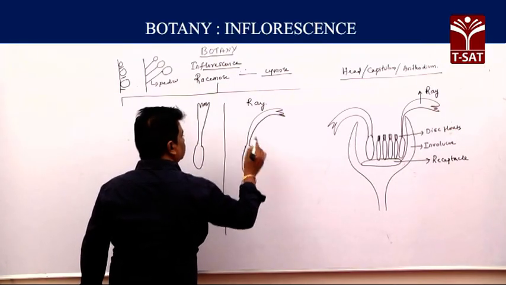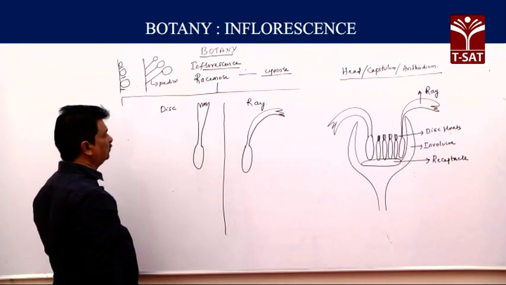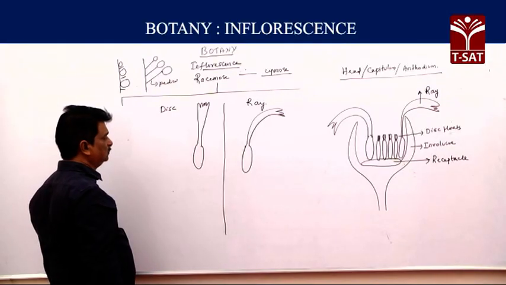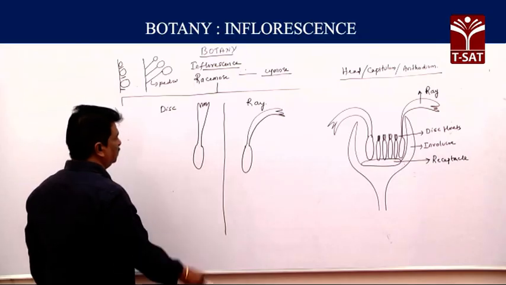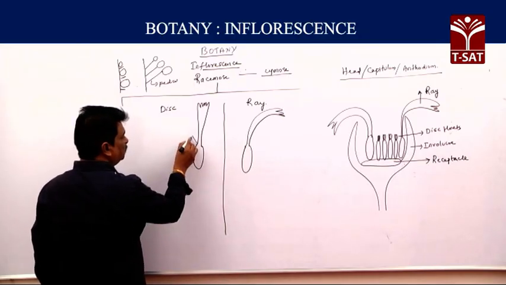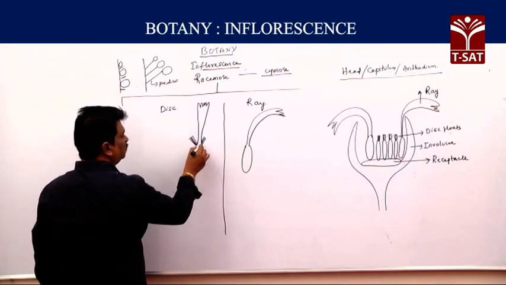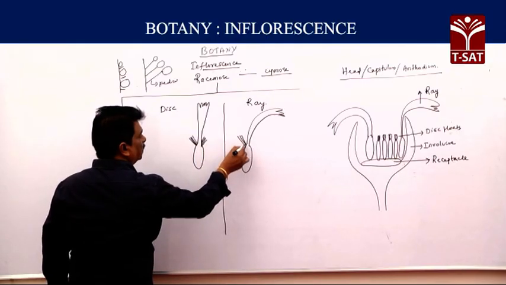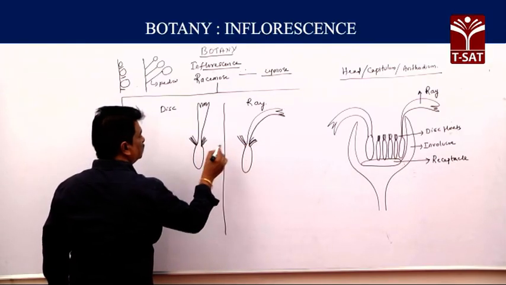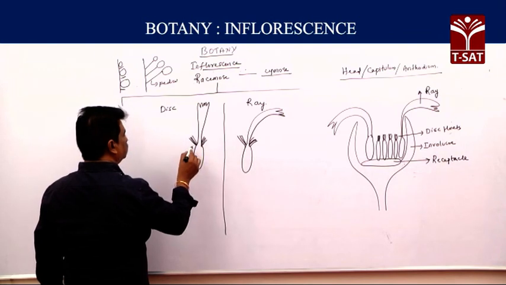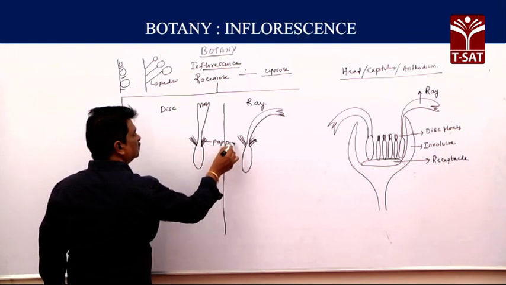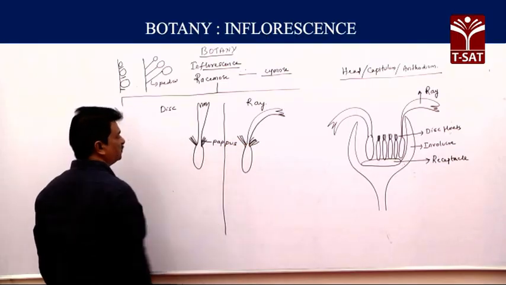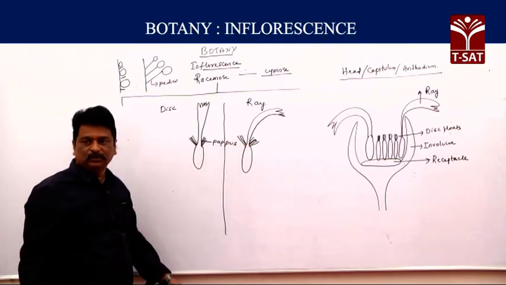A flower has 4 parts: calyx, corolla, androecium and gynoecium. In both the florets, either disc or ray florets, the calyx is reduced to hairs called pappus. So it is common for both.